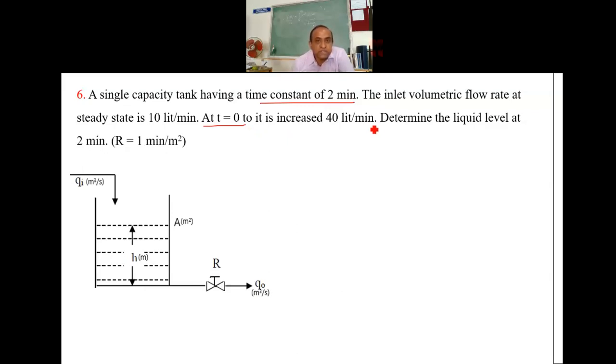From this you can make out it is a step input. I'll just show it here.